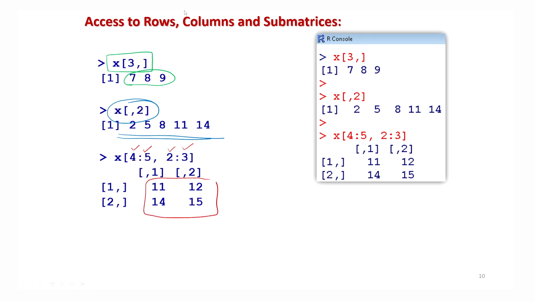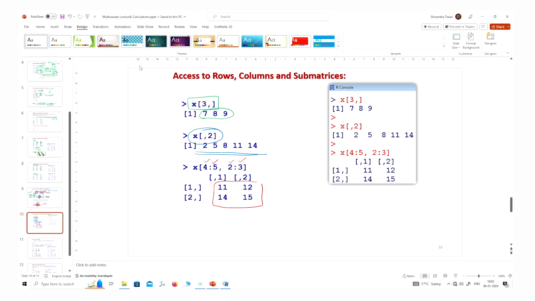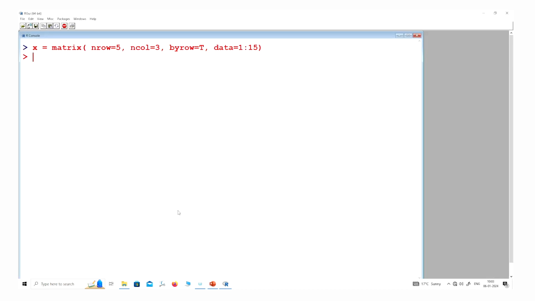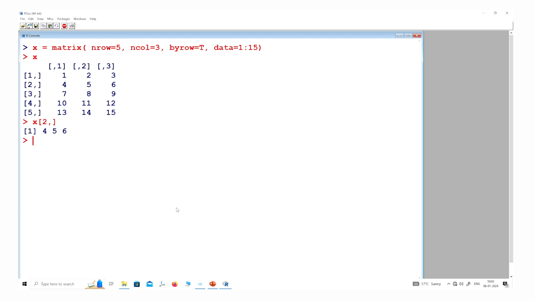Let me show you these examples on the R console first, and then I will move forward. So let me create this matrix here like this. You can see here this is like this. Suppose I want to access the second row, this is like this, and suppose I want to access the second column, this is like this.